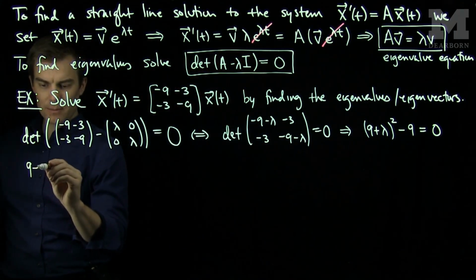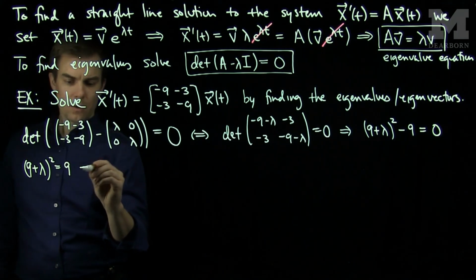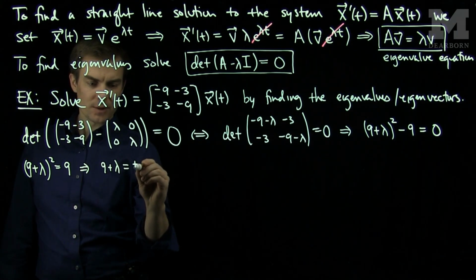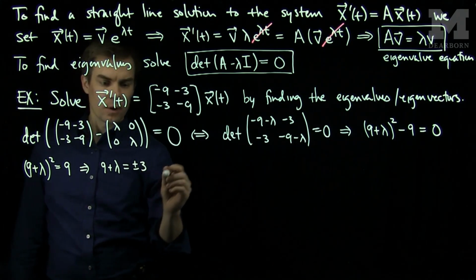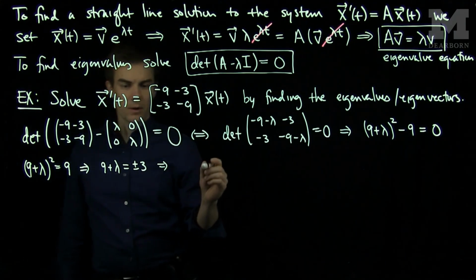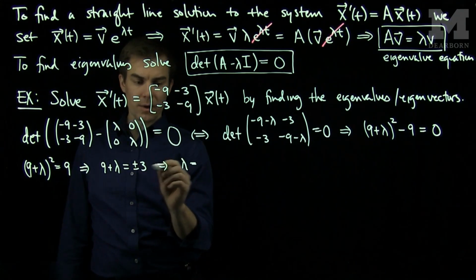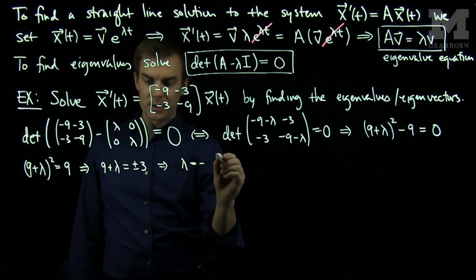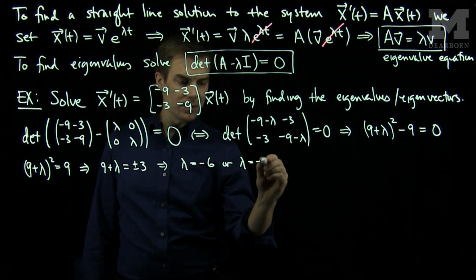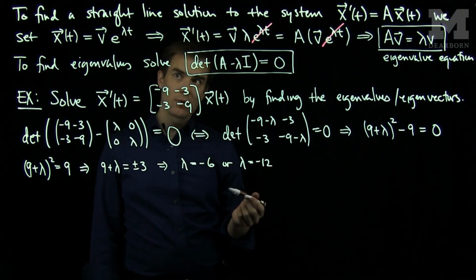This will tell me that 9 plus lambda squared is equal to 9, or 9 plus lambda is plus or minus 3. So if lambda plus 9 is equal to 3, I'll have lambda equals negative 6, or lambda equals negative 12. So I've found eigenvalues of negative 6 and negative 12.